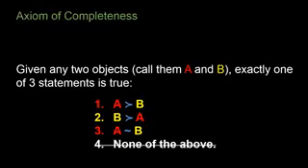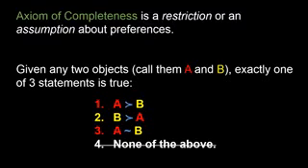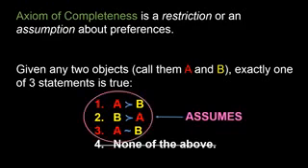We can think of the axiom of completeness as a restriction or an assumption about what preferences look like. In particular, by imposing the axiom of completeness, what we are assuming is that the consumer, whenever she's given any 2 goods, can definitely say for sure which of these 3 statements is true.